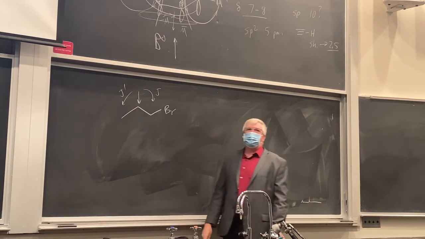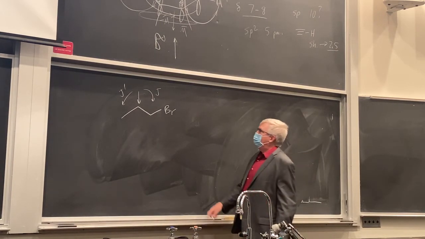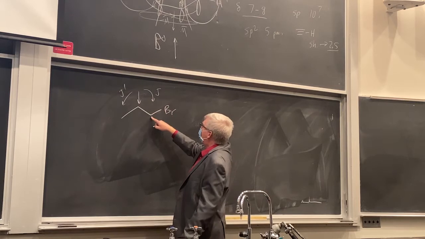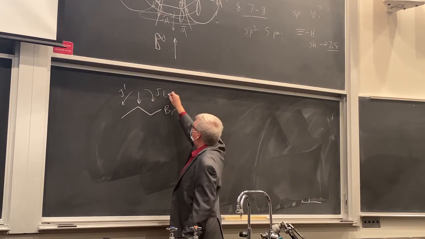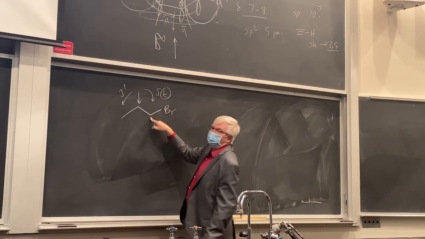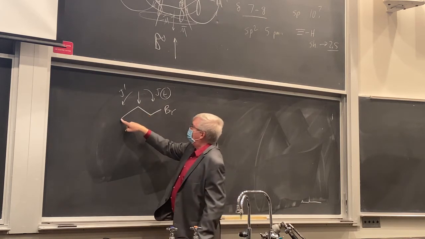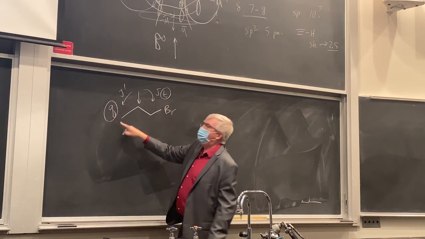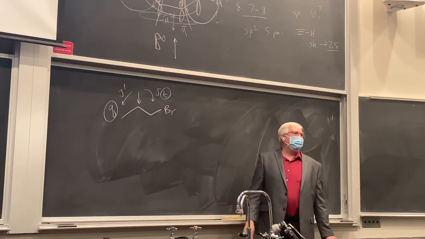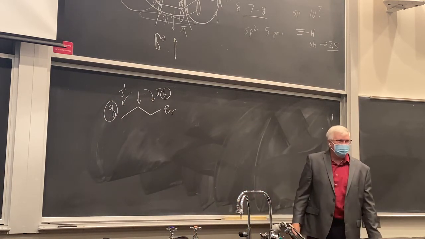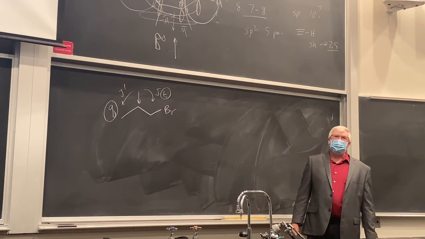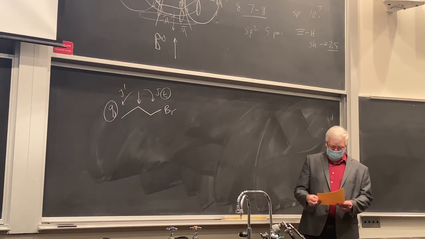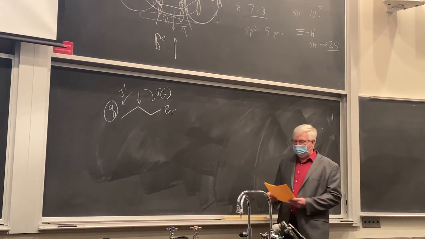The J couplings might be a little different. In fact, this might be a triplet, coupled to the methylene. And what would it be over here? It would be a quartet coupled to the methyl. It might show up as a triplet of quartets. And that's a complex pattern that can be a little bit tricky to figure out.